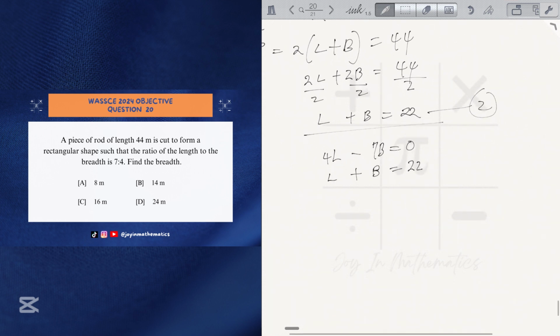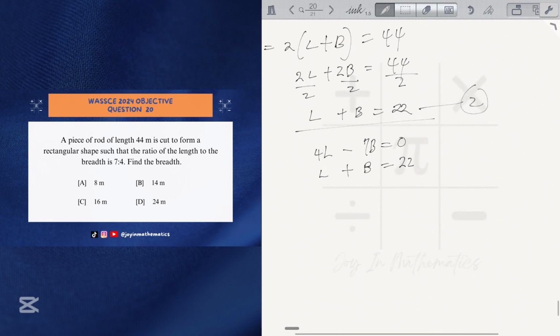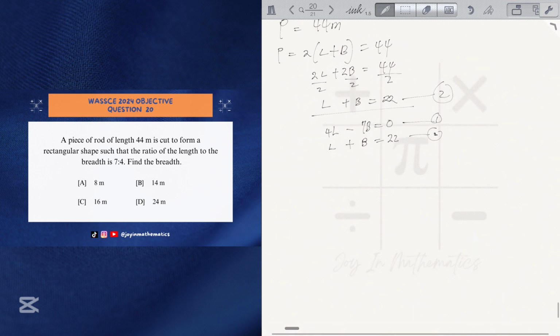Let's call this equation 1 and this equation 2. Since we are looking for B, we come from equation 2 and make L subject of the formula. So L will be equal to 22 minus B. We can call this equation 3.